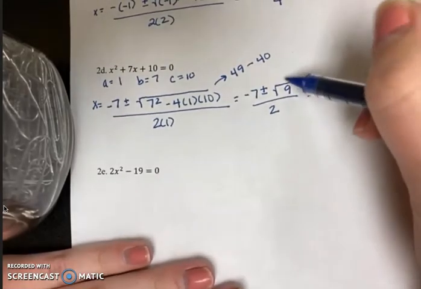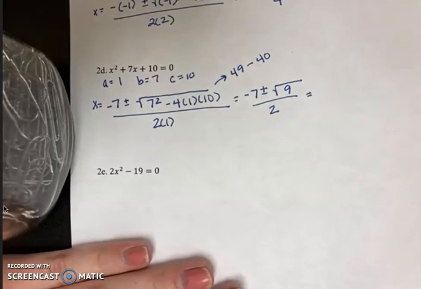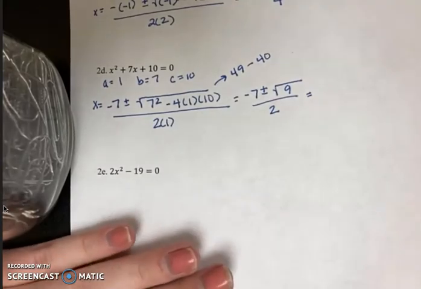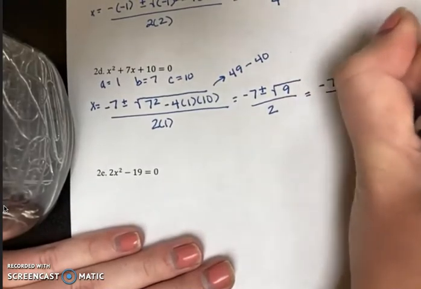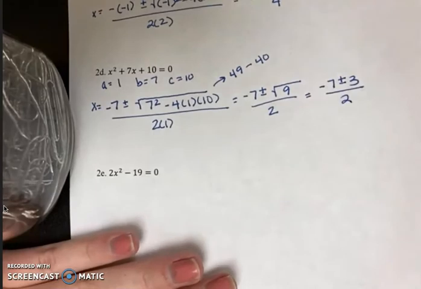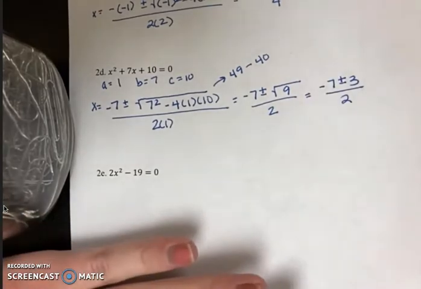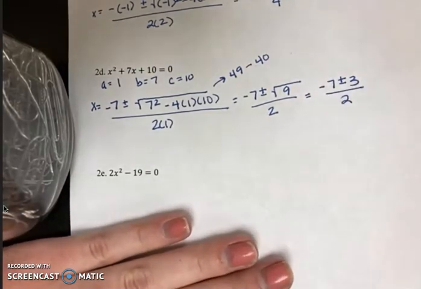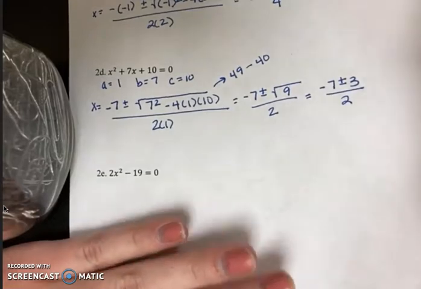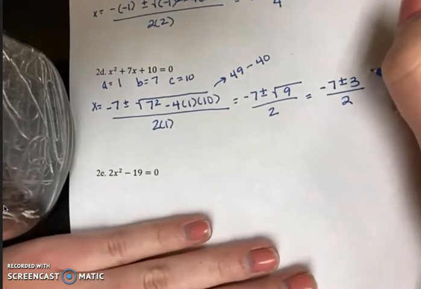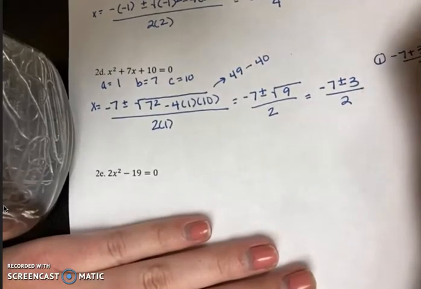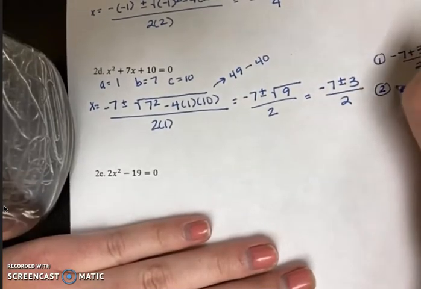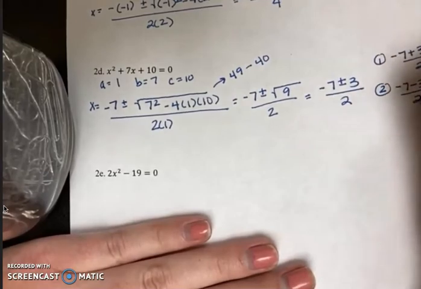So now I need to see if I can simplify this radical, and I can. 9 is a perfect square of 3, so I have negative 7 plus or minus 3 over 2. Now we always want to simplify all the way, and this is not the most simplified answer. What I really have here is 2 different things. The first thing that I have is negative 7 plus 3 over 2, and the second thing that I have is negative 7 minus 3 over 2.